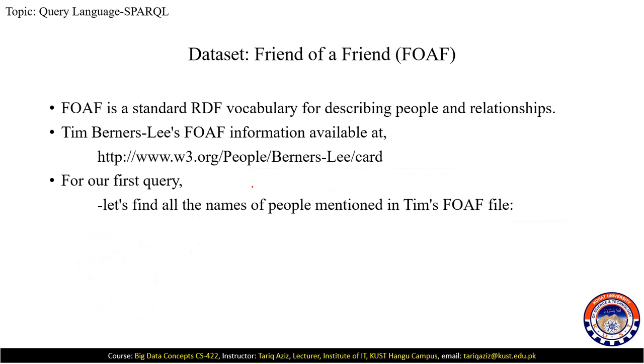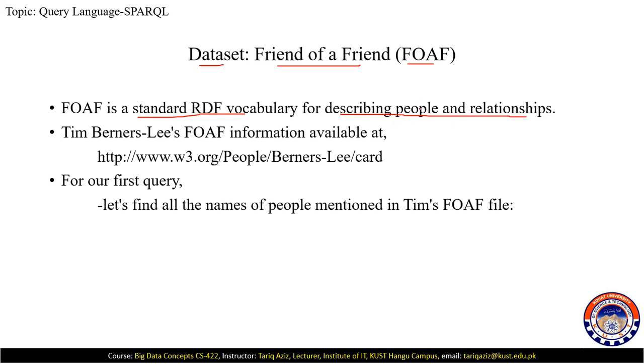Now, dear students, what about the dataset? There is a dataset known as Friend of a Friend, or shortly FOAF. Why do we need this dataset? Because it's a standard RDF vocabulary for describing people and relationships. Dear students, if you remember, with respect to graph databases, we said that a graph database represents nodes and relationships between nodes.